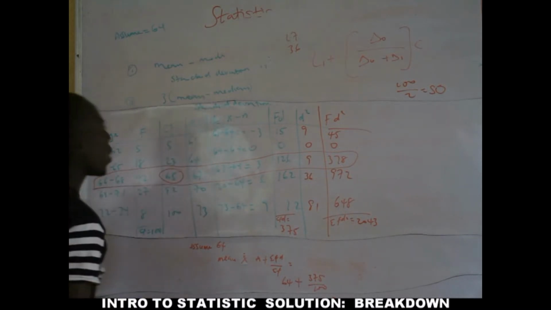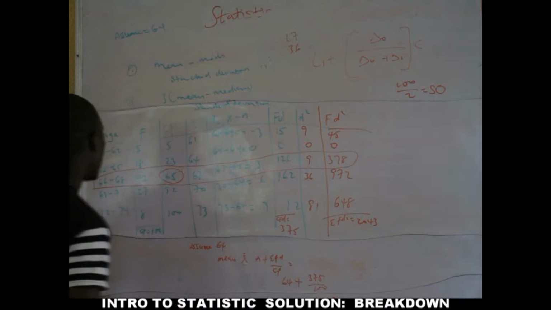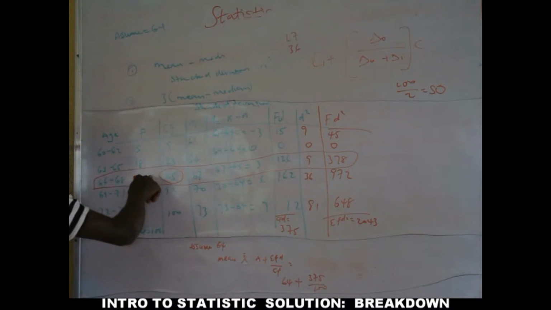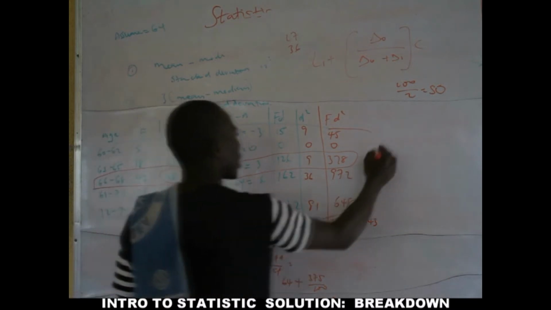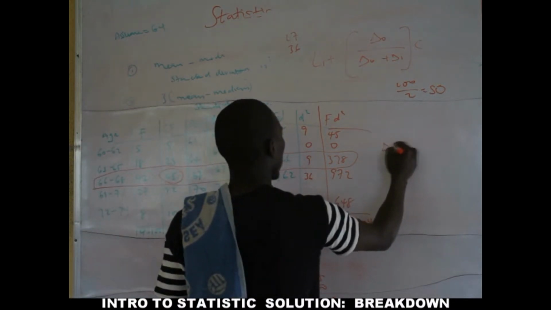And D0 is the difference between the frequency of the modal class and the frequency before it. D0 is equal to what?